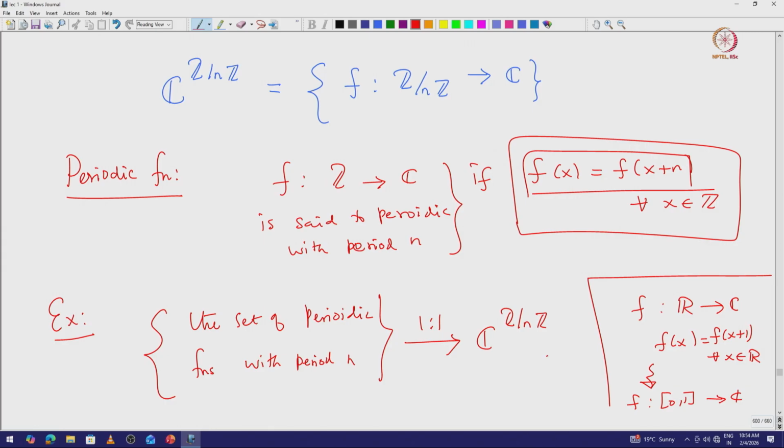Okay. Indeed, if you think about it a little bit more, whatever structure we put here, for example, vector space structure, will be carried over here as well. So, this correspondence actually preserves all the algebraic structure as well. But anyway, that will be very clear once we establish this bijection, I am not going to get into that.